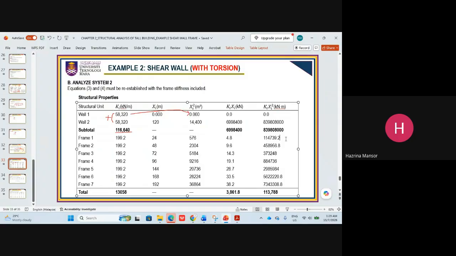114,739.2 divided by 1000. So this is 114.